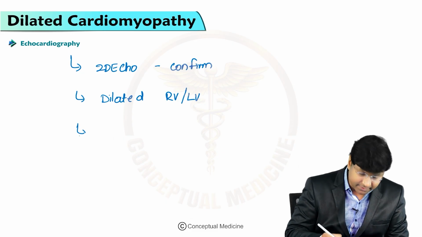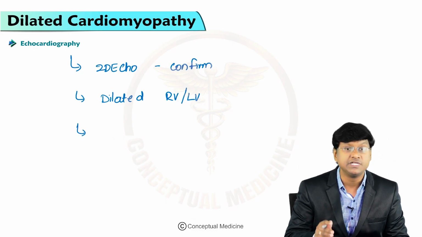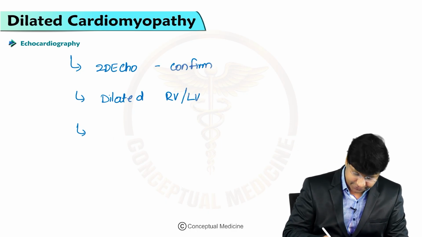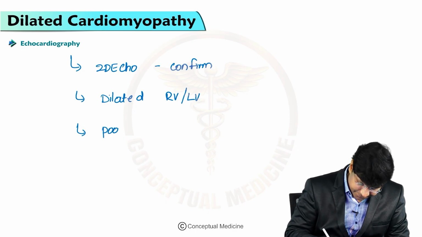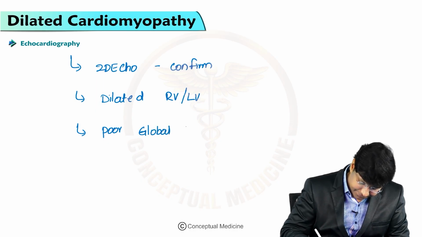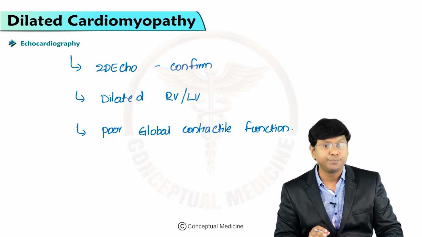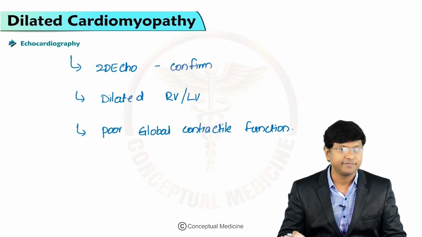And apart from that, the 2D echo also will show you that there is poor global contractile function. The individual will have poor global contractile function.